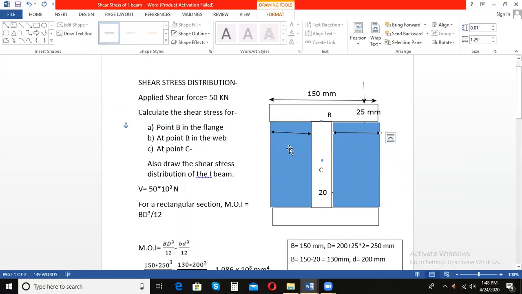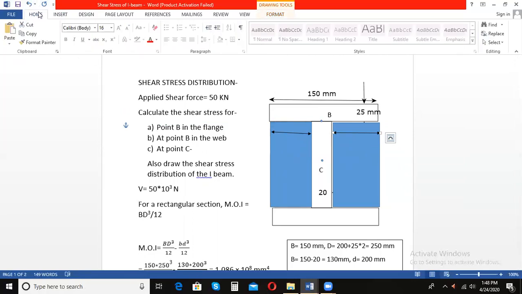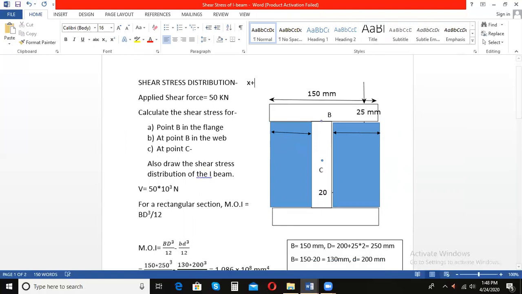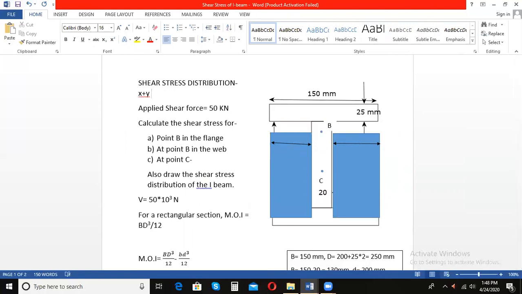If this is X and this is Y, then the total width is X plus Y, which is 150 minus 20, equal to 130.